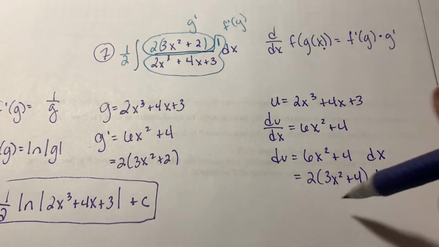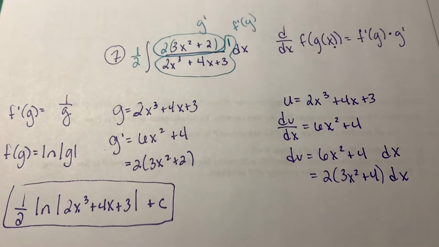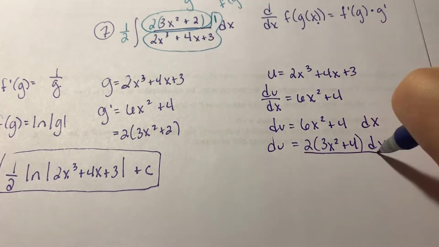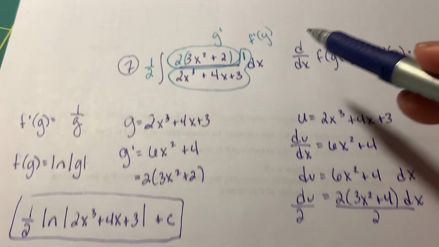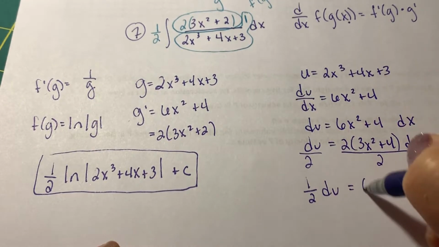Another option that you have here is if you don't want to have to multiply and divide at the same time, if that's confusing or something that you think you might forget to do, you can, over here, divide by 2 to create exactly what was already in the problem, and that way you don't have to think about adding in the 2 there.